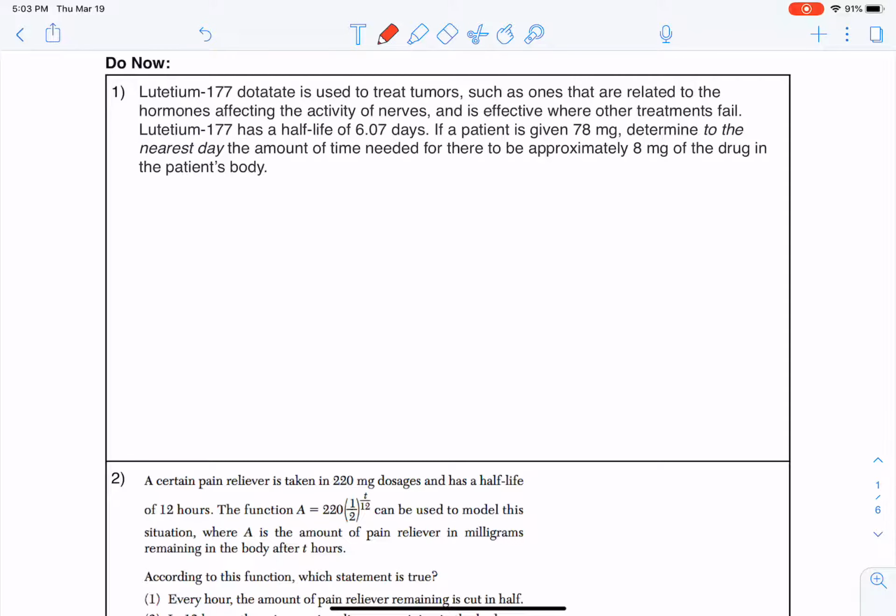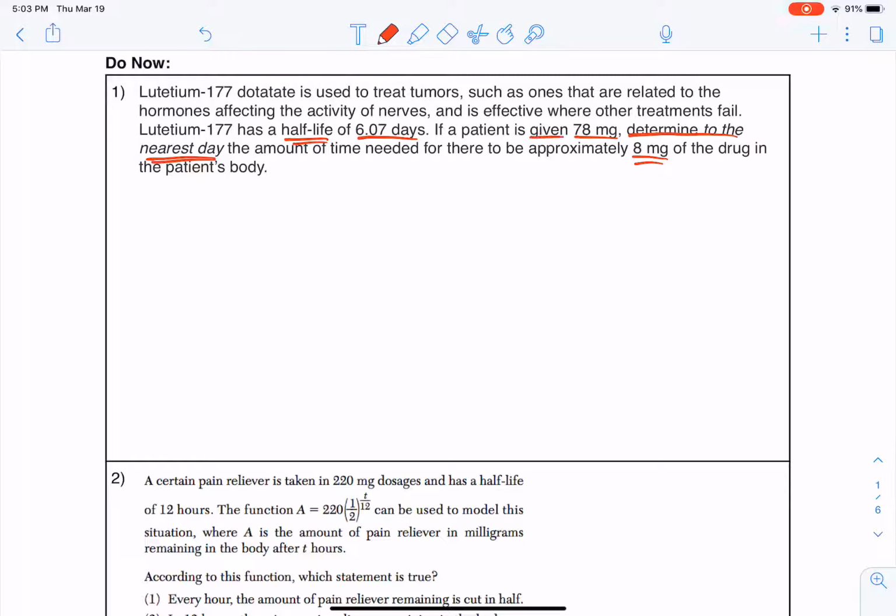Lutetium-177 has a half-life of 6.07 days. If a patient is given 78 milligrams, determine to the nearest day the amount of time needed for there to be approximately 8 milligrams of the drug in the patient's body.